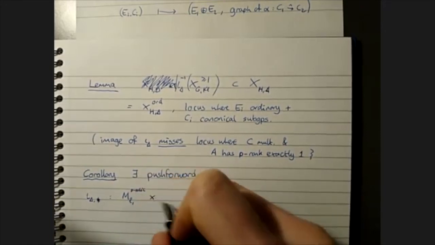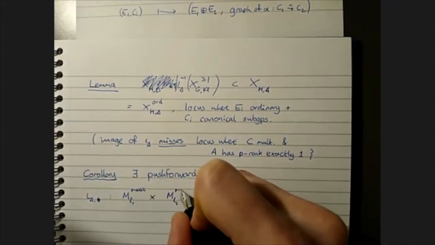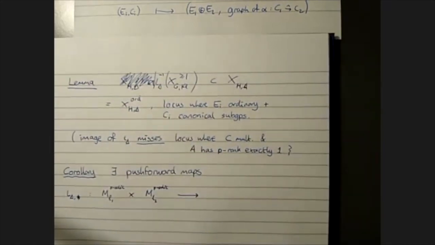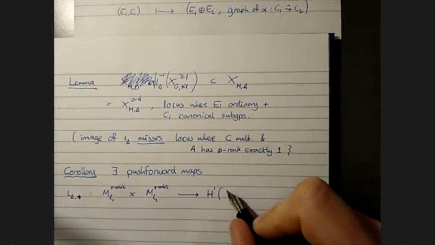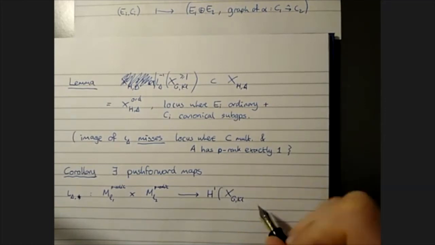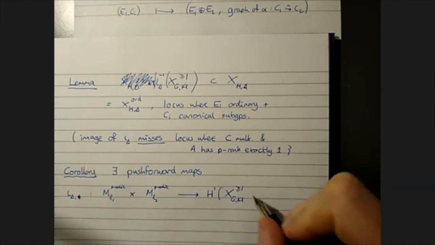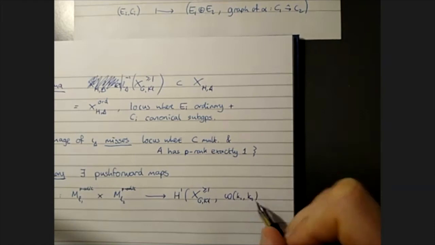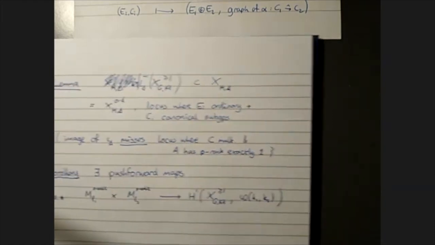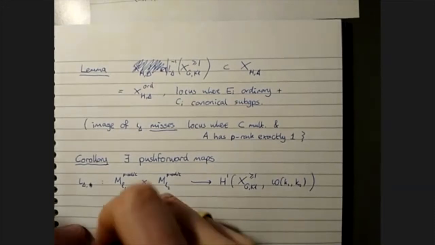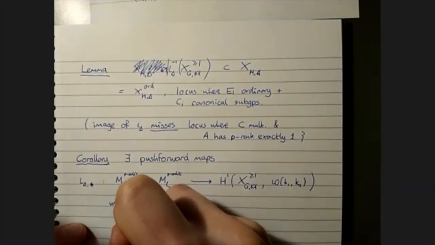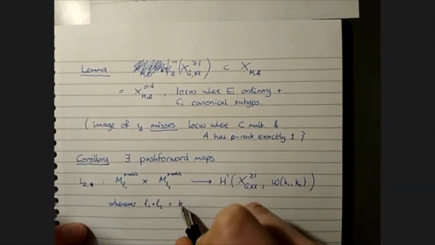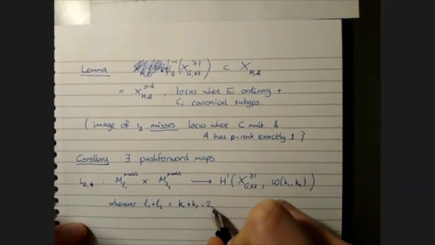So these are spaces of p-adic modular forms. And it lands in H1 of XG Klingen, and you can do this whenever L1 plus L2 equals K1 plus K2 minus 2.